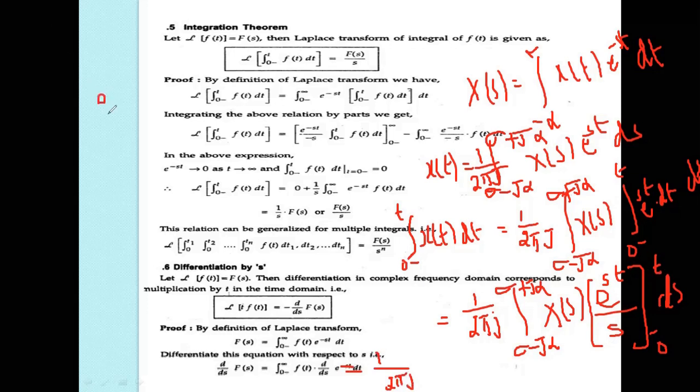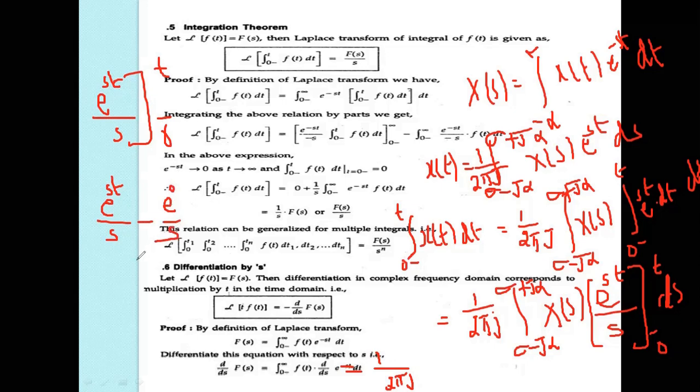Upper limit I am substituting with respect to t only, so substitute t. We get e to the power st by s minus e to the power 0 by s.